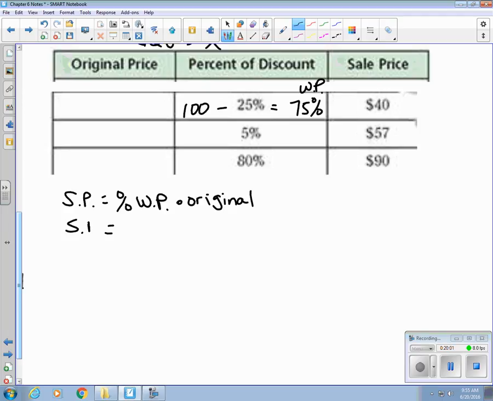So the sale price, they gave us the sale price, so we can go ahead and plug that in. The sale price was $40. The percent we paid was 75%, so we're going to put 0.75. We're going to multiply that by X because the original is what we're looking for. To find X, we have to divide both sides by 0.75.